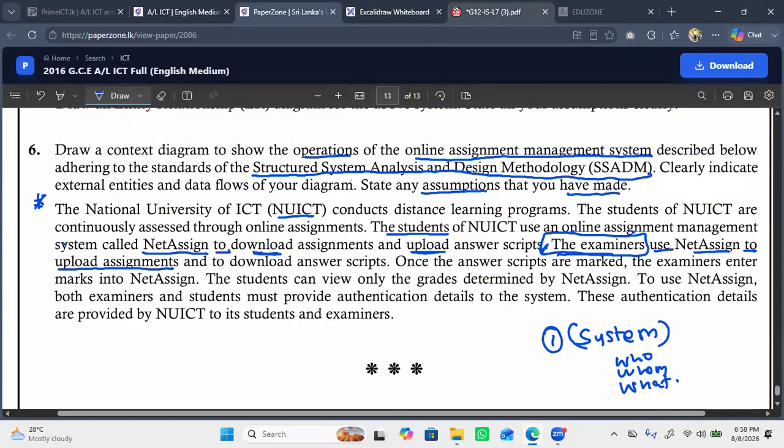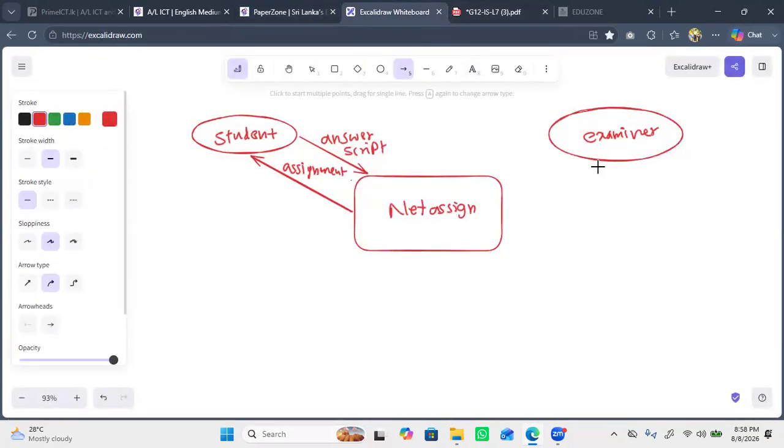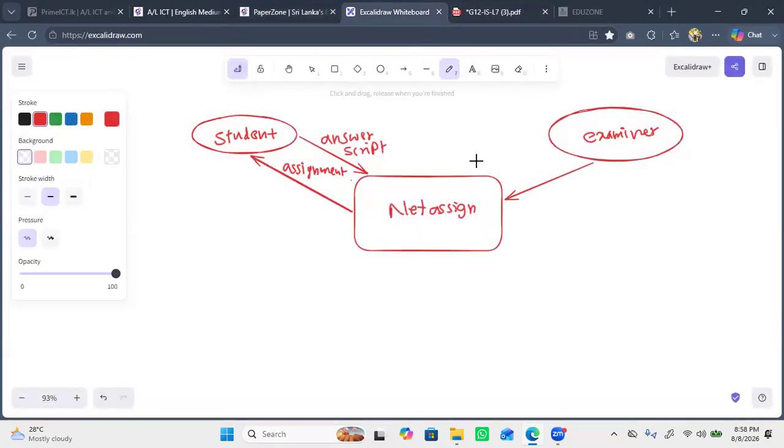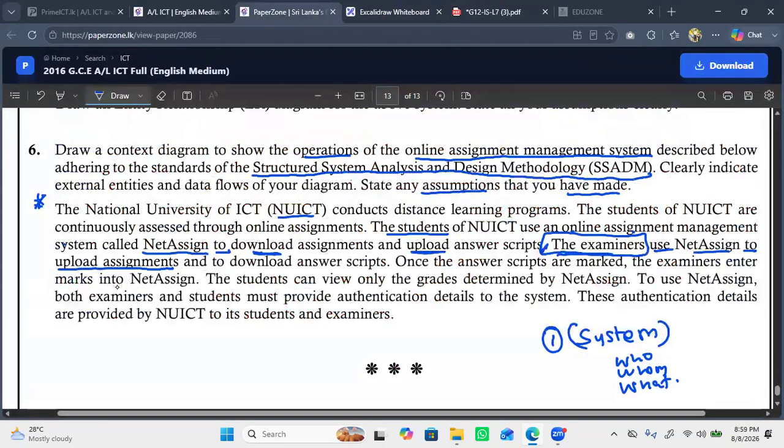He's the person uploading the assignment. So let's say the examiner is giving the assignments to the system. Assignments, nothing else. No need for the way, no need for the mode. Just whom, what, to whom. Those are the three things you should draw. Simple. Then next, upload the assignments and download the answer scripts.